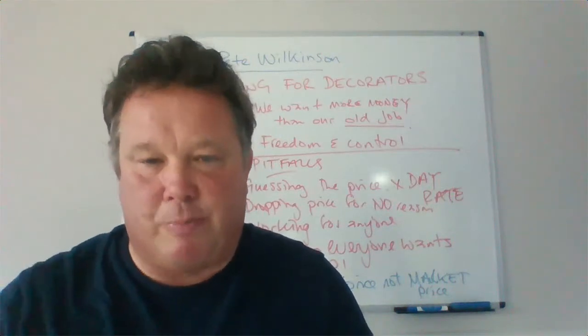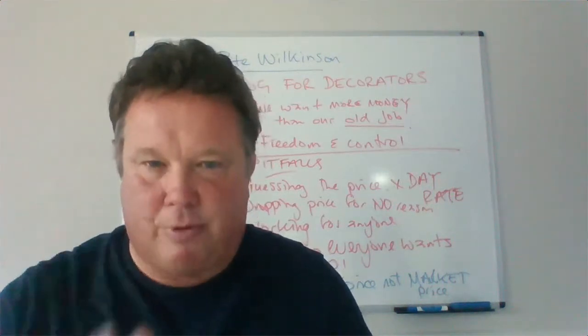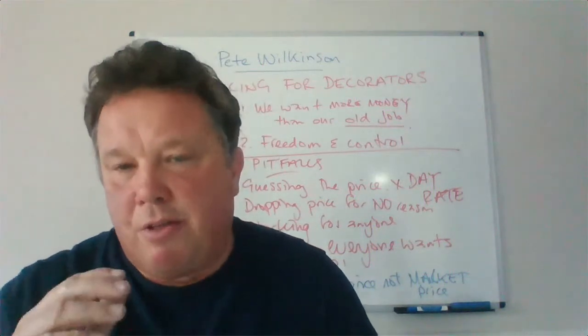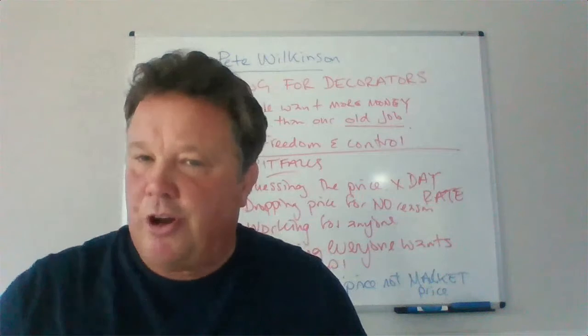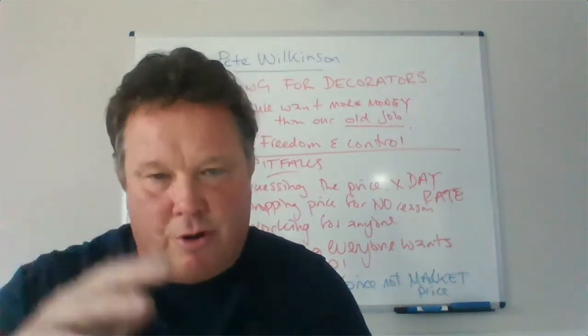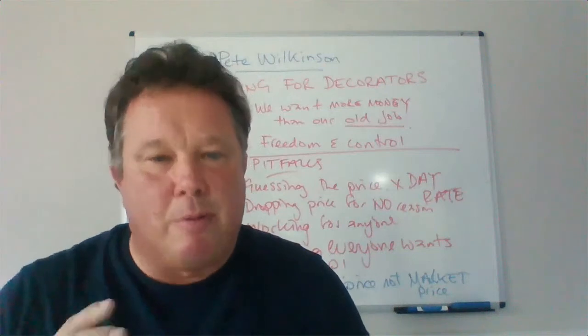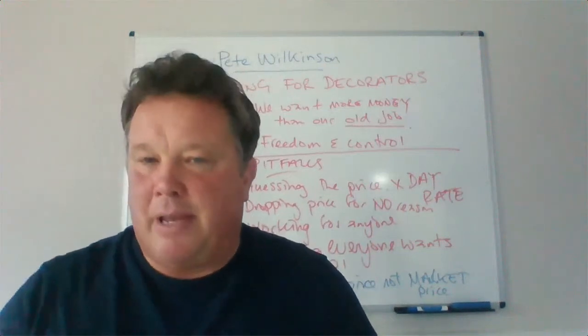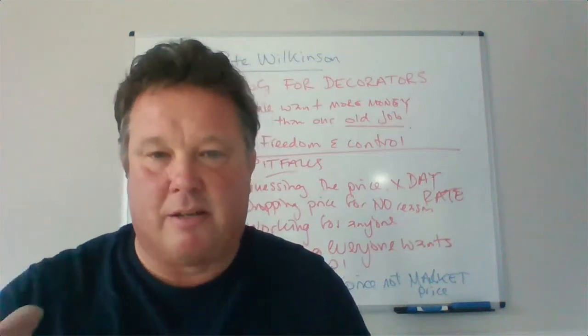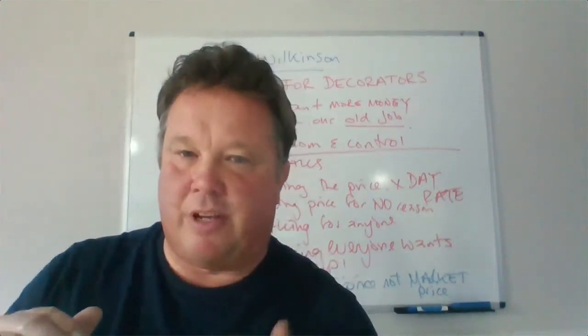So £1,500 is the cost price for doing the decorating. The market price will vary from area to area and depending on how much work there is and what's going on. But the market price might be £2,000. So the market price is £2,000. The cost price is 1,500.